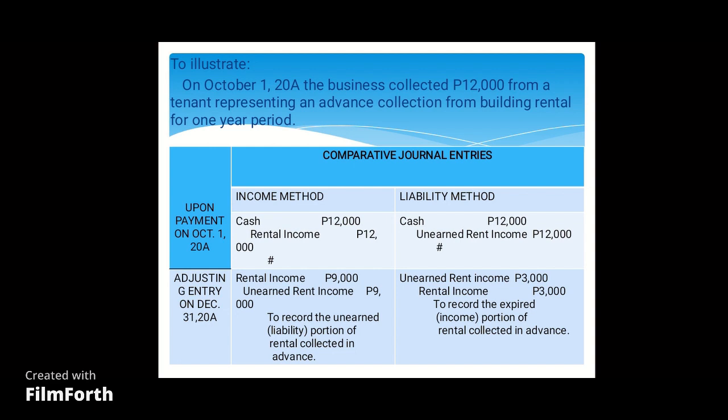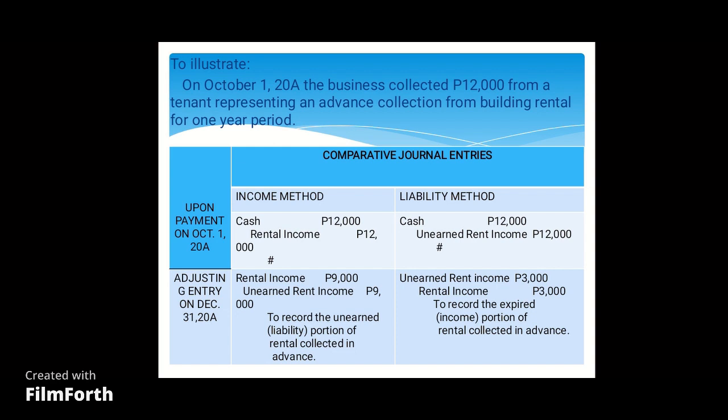So, upon collection on October 1, 20A, in income method, the debit is cash and the credit is rental income with an amount of 12,000. And in liability method, the debit is cash and the credit is unearned rent income with an amount of 12,000 as well.